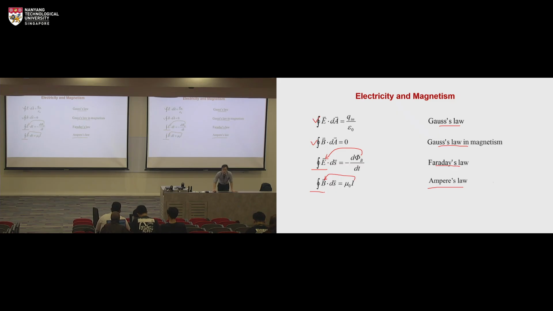So this is pretty much all about these four formulas. So this is B to E, and this is E to B, right?